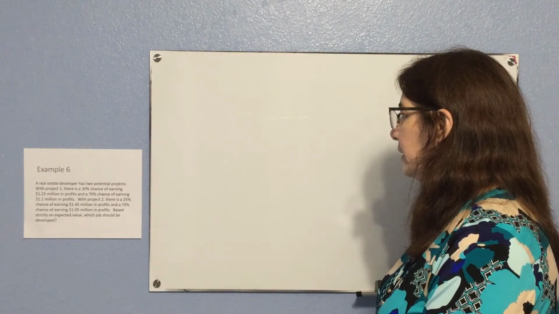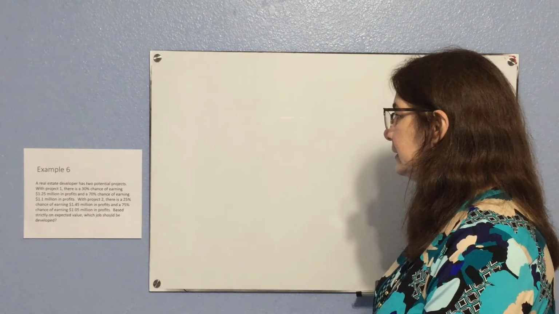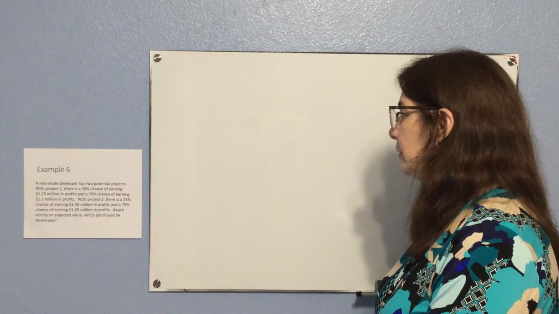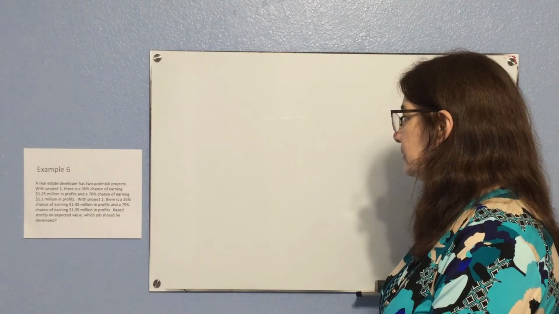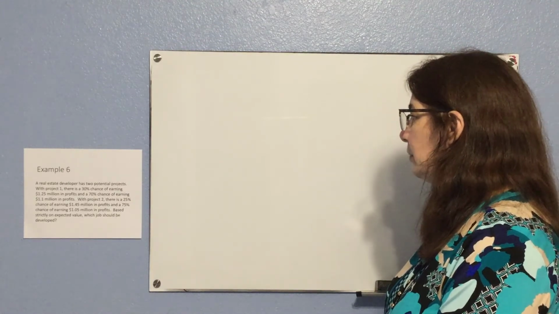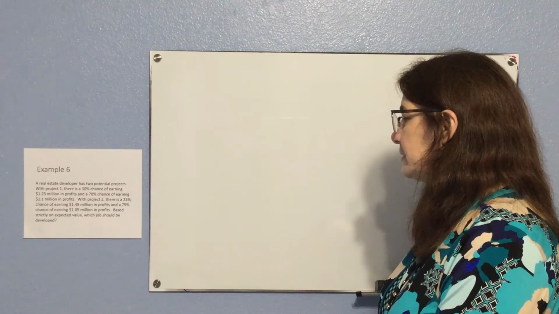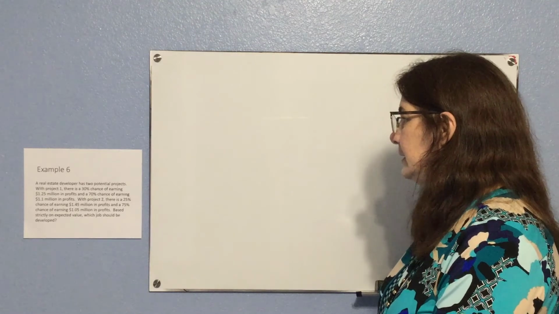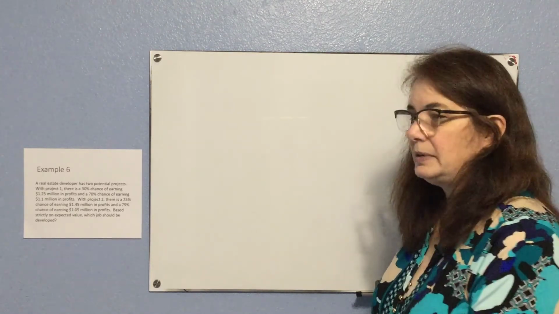With project 1, there's a 30% chance of earning $1.25 million in profits and a 70% chance of earning $1.1 million in profits. With project 2, there's a 25% chance of earning $1.45 million in profits and a 75% chance of earning $1.05 million in profits. Based strictly on expected value, which project should be developed?